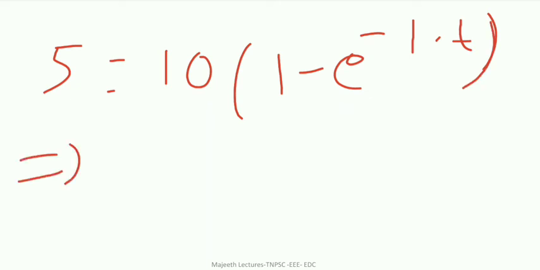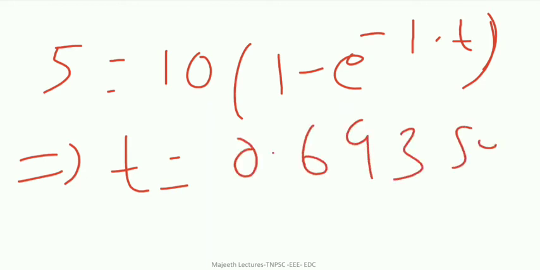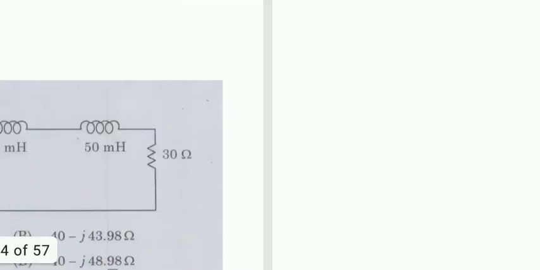If we simplify, what we get is T is equal to 0.693 second. So out of A and D, which is having 0.693, option A. So option A is the right answer.